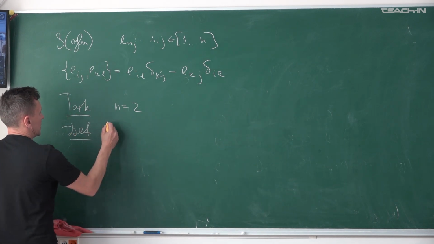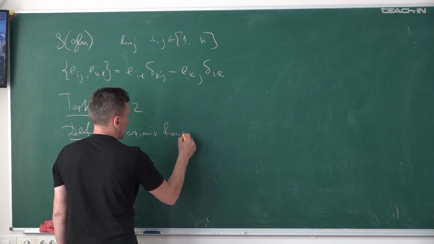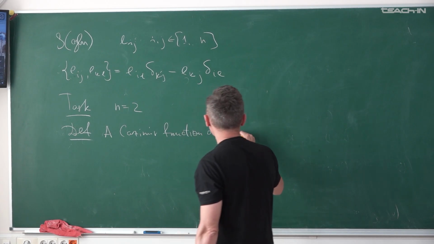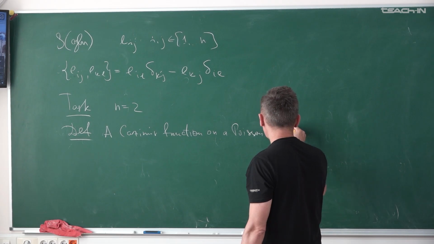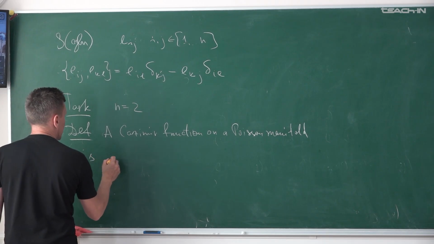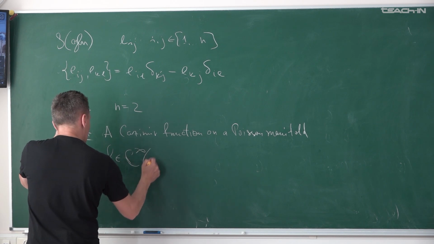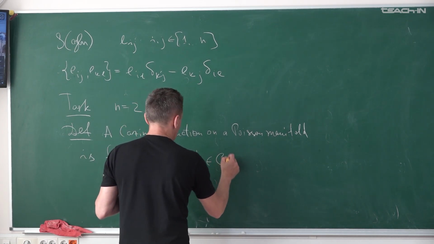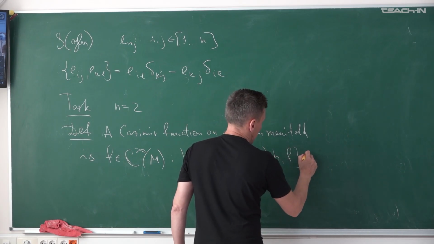Definition. A Casimir function on a Poisson manifold is a function f on C^m such that for all h, the Poisson bracket of f and h is equal to 0.